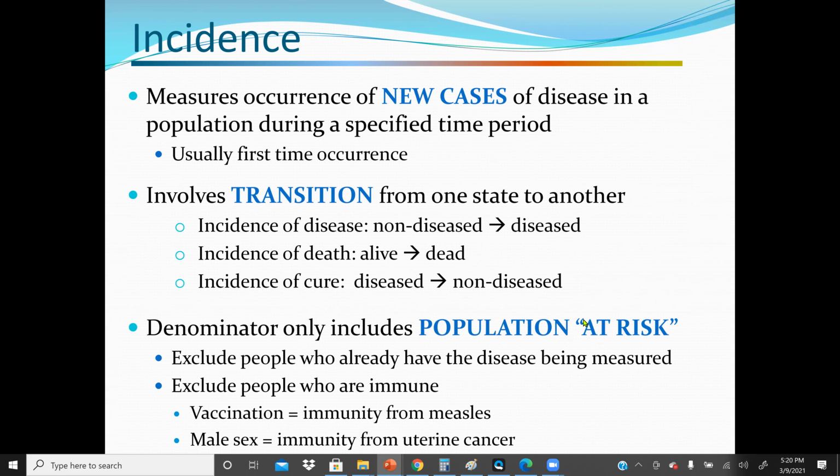Also, the number of cases will be only the new cases. So this will exclude people who already have the disease being measured. We're also going to exclude people who are immune, for example, those with a vaccination, or a male, who has immunity from uterine cancer. Uterine cancer normally is for the female sex.